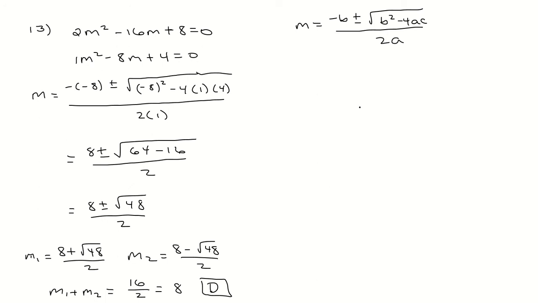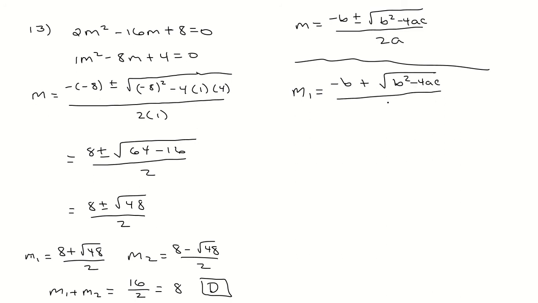I wouldn't recommend actually doing it on the test, but just as background, if we look at the quadratic formula, one solution is negative b plus the square root of the discriminant, all over 2a. m2 is going to be negative b minus the square root of the discriminant, all over 2a.